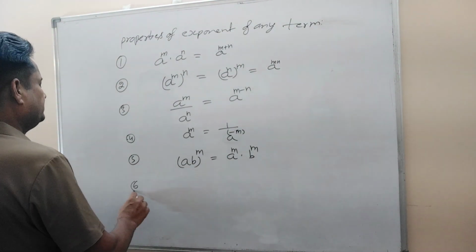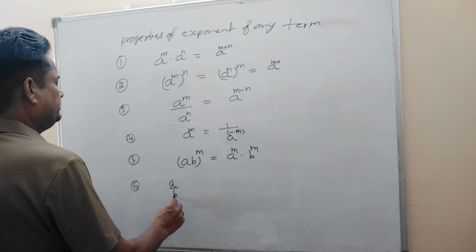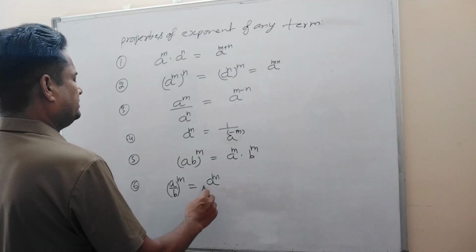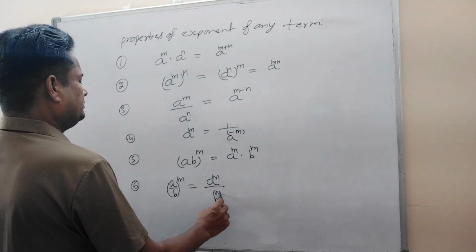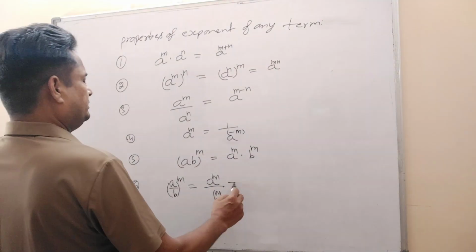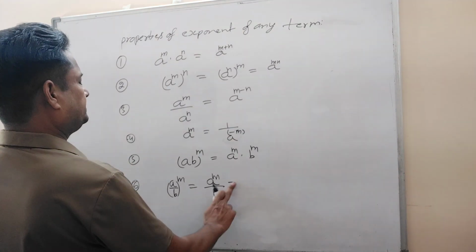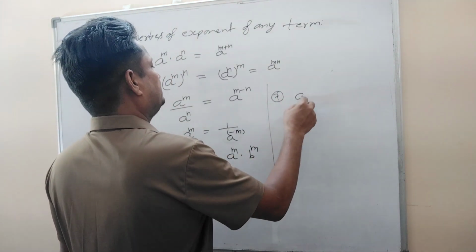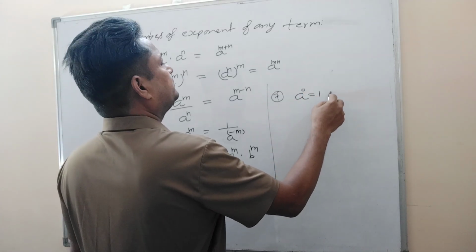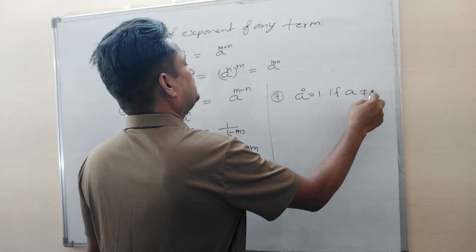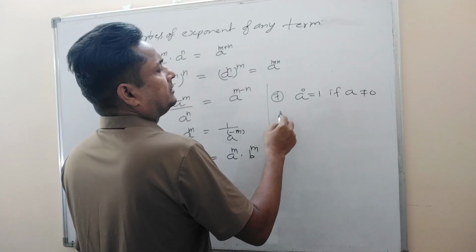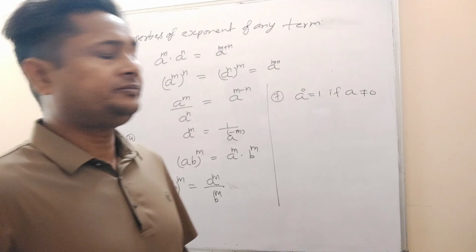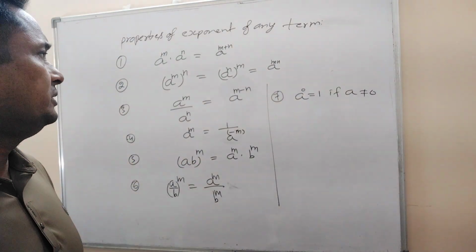The next property is a by b to the power m is equal to a to the power m divided by b to the power m. Now the next one is 7. A to the power 0 is equal to 1 if a does not equal 0. So these are the properties of exponents.